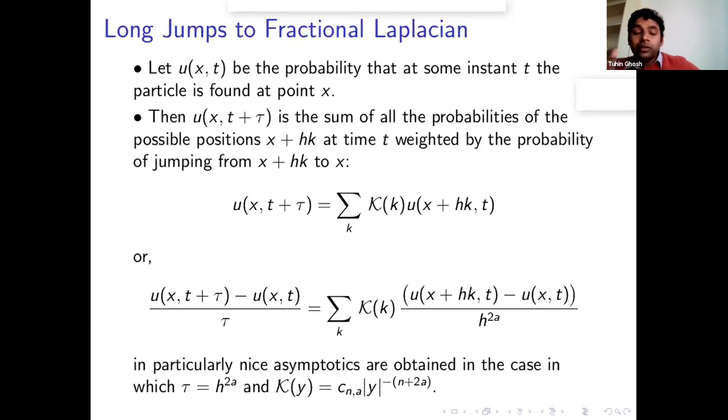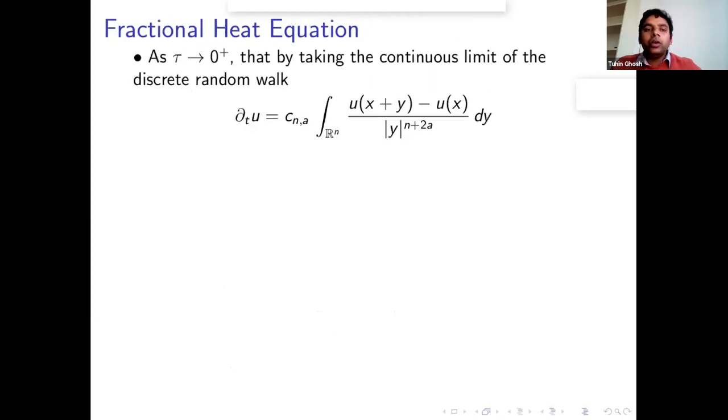So here we are interested in the asymptotics with the two relations that we made: one connection between tau and h, and another one that the probability density functions that we have chosen are some singular weight functions, in particular mod y to the power n plus 2a. And from there you can easily see the connection to the fractional Laplacians, because next I'll make tau tend to 0.